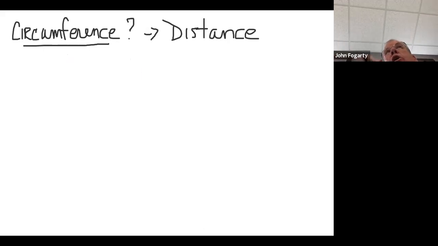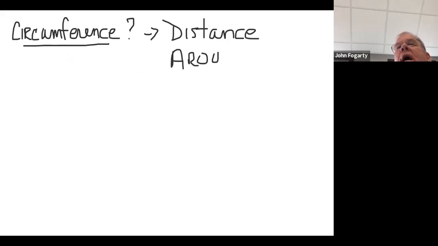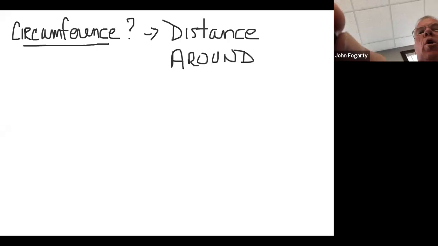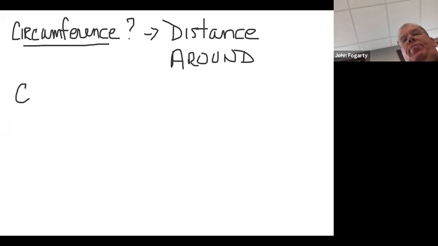So we're going to use what we just learned about the segments to help us find the distance around the circle, right? We always represent circumference with C. Now, I don't know if you guys know this.